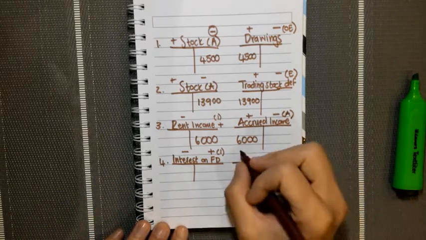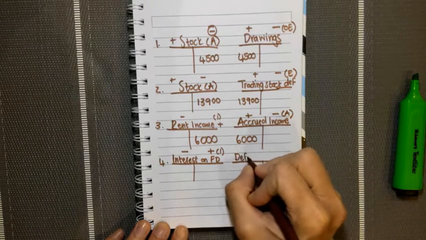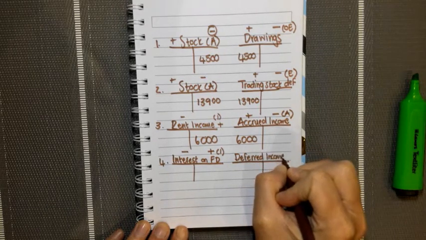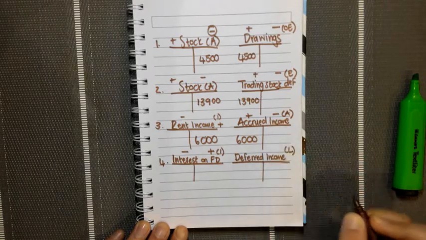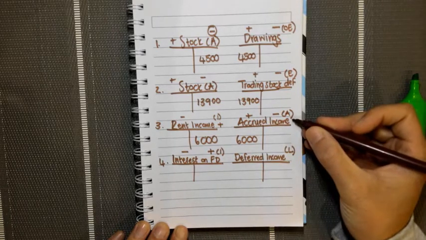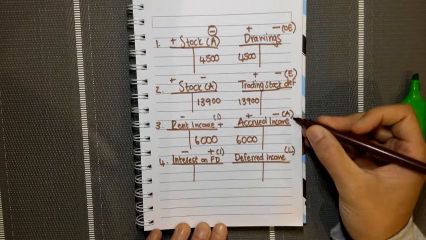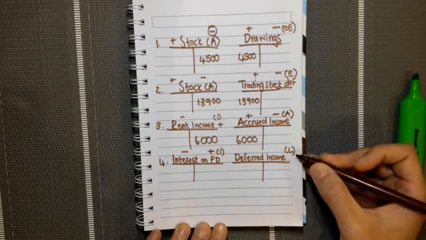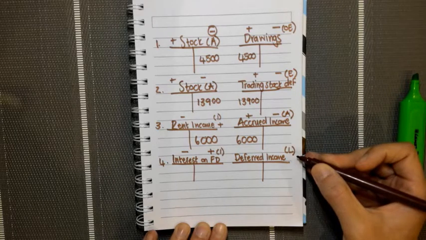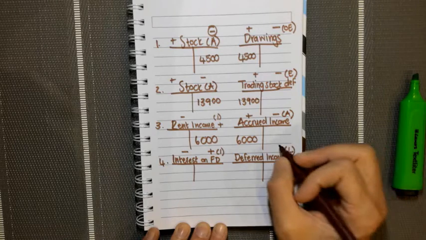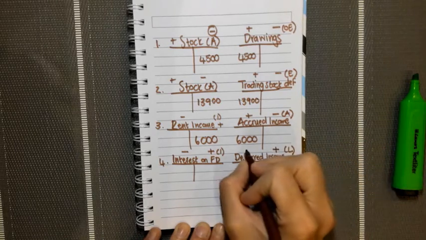The short name of the account is deferred income. It is a liability for us because it's the opposite of accrued income. And another reason why it's a liability is because we already have the money in our account, but we haven't earned it yet. So we still need to do something. Okay, we are still liable to act.